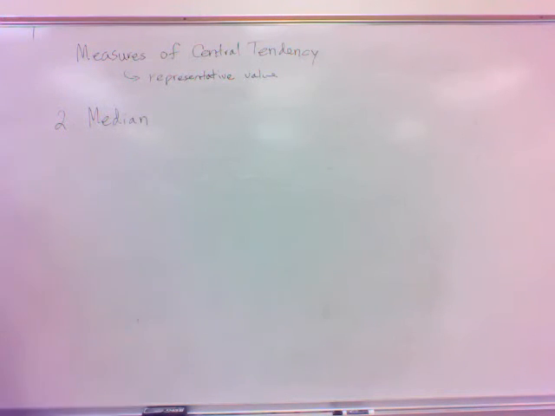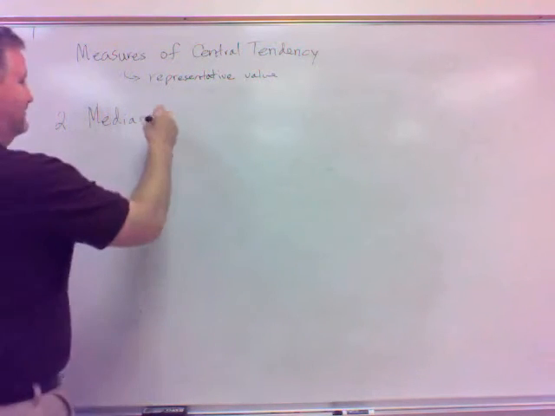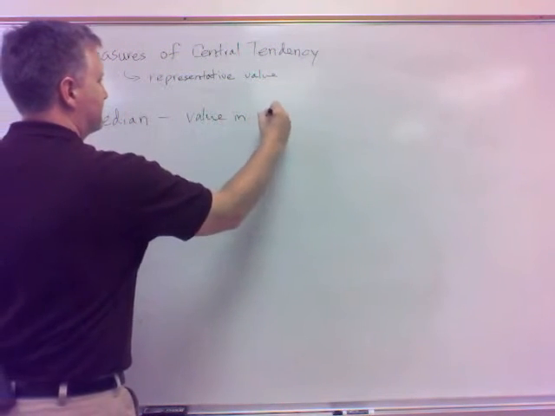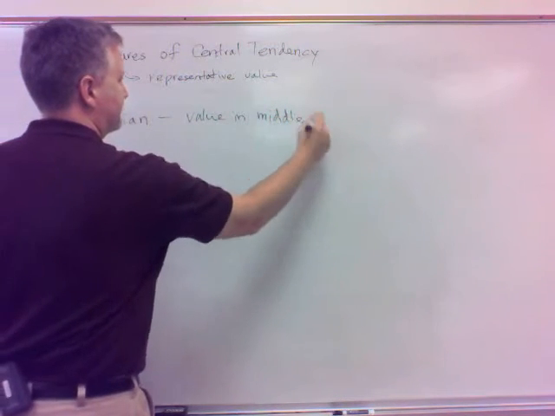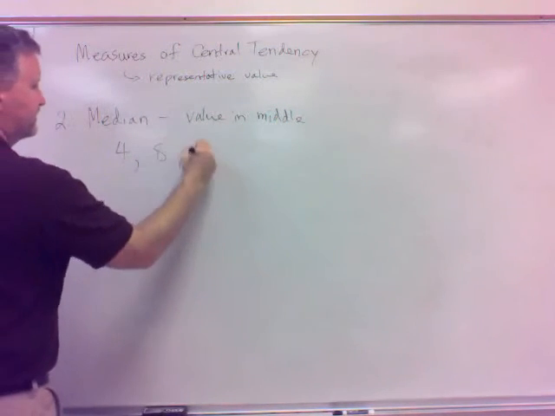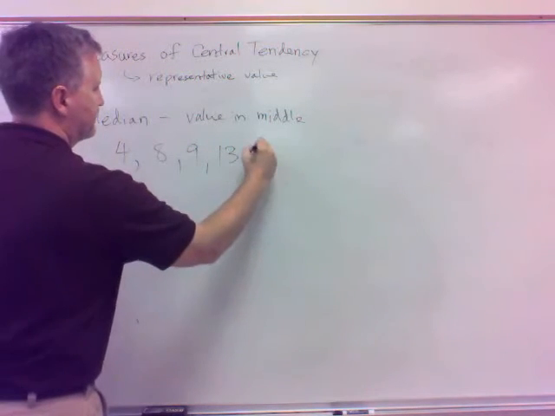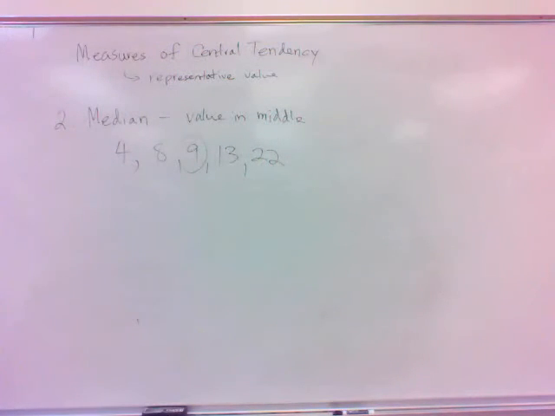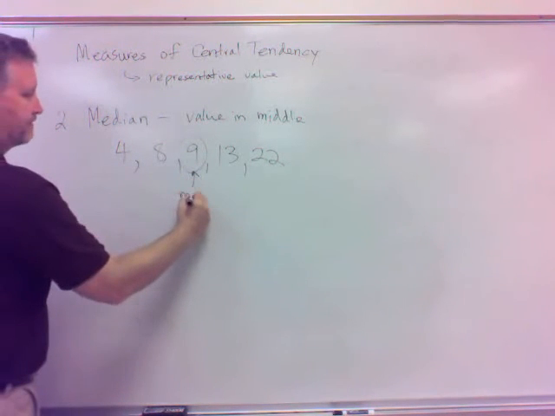The median is the exact middle value. If I have 4, 8, 9, 13, and 22, the median is the one that's right in the middle. 9 in this case. That's the median.